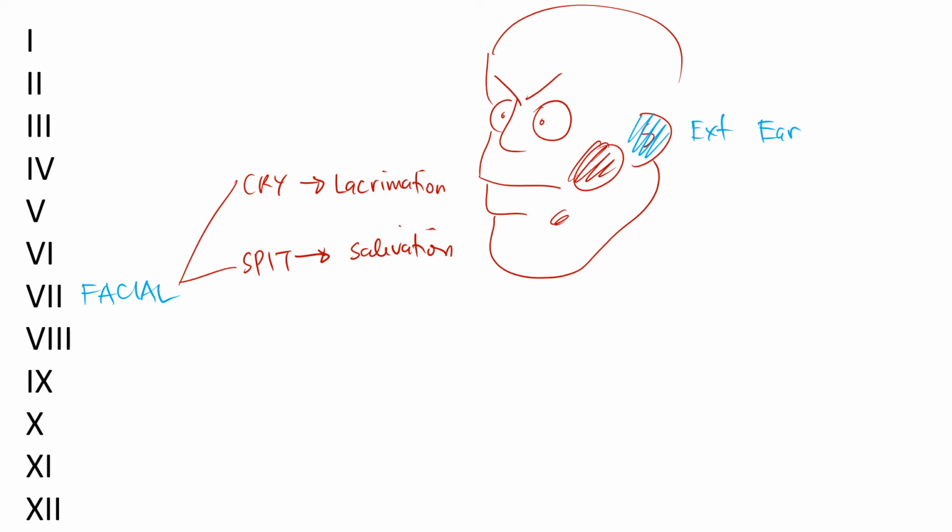If your mom twists your external ear, you feel the pain. That's basically due to your facial sensory component. Of course, some of you will get angry, and some of you will cry, again facial nerve. Some of you will get angry and spit at your mom, which is a very, very bad idea. You get beaten up that way. Again, that's facial nerve.